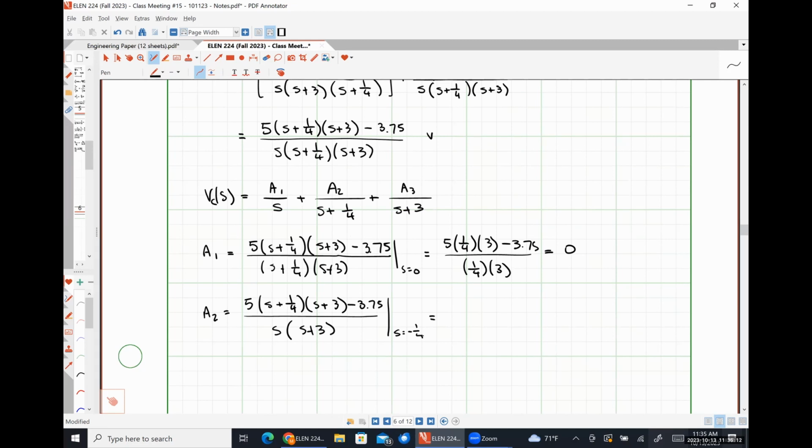Give me a moment to throw that in my calculator. Actually, the numerator is just going to be negative 3.75 because we're going to cancel that part out. So negative 3.75 divided by negative 1/4 times, let's see, negative 2.75.